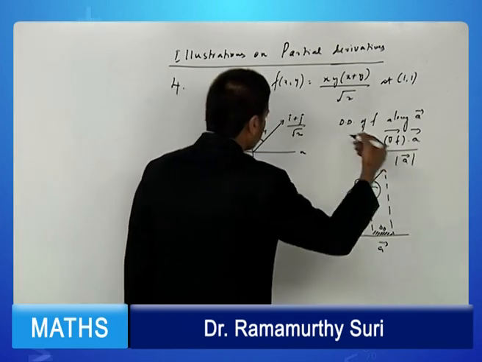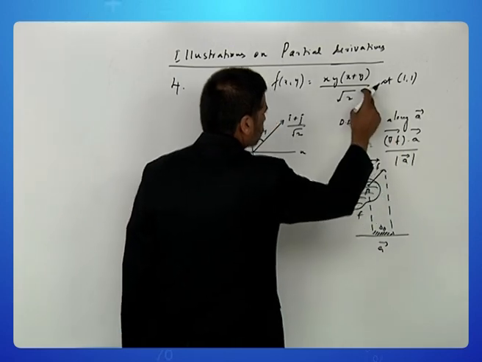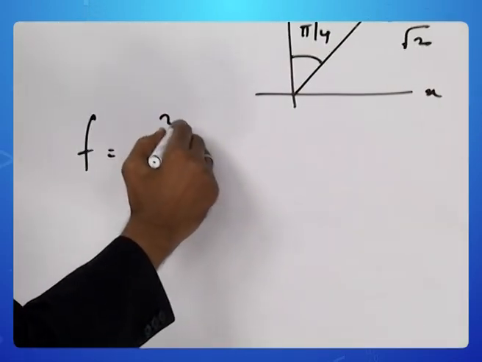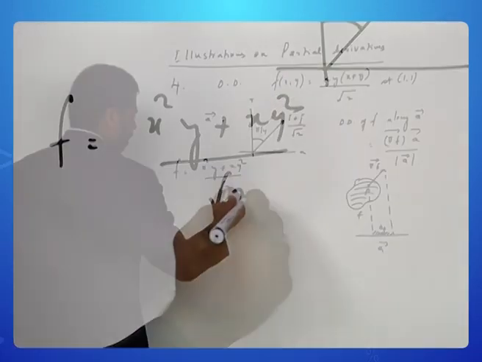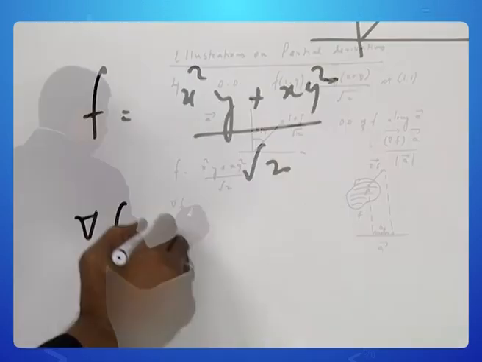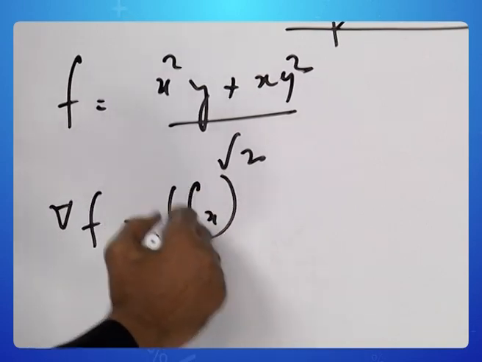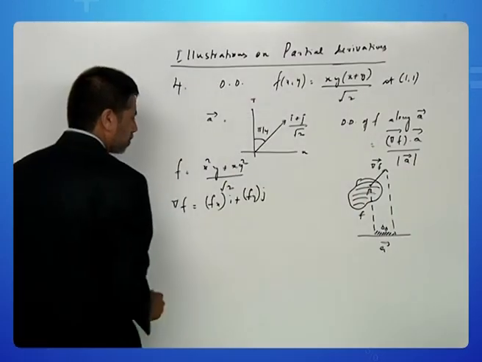Vector A is now available, and then we have to find out the gradient of f. So we start with f is equal to x square y plus xy square by root 2 and find out the gradient. The gradient will be dou f by dou x i plus dou f by dou y j.